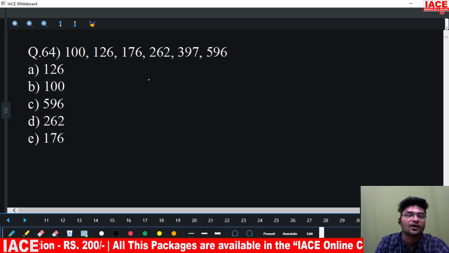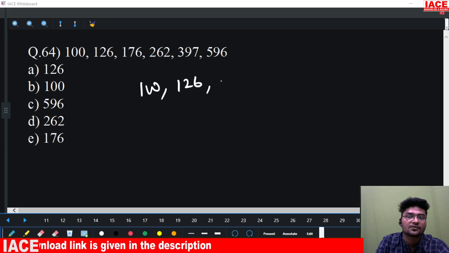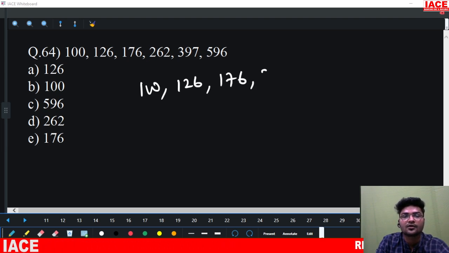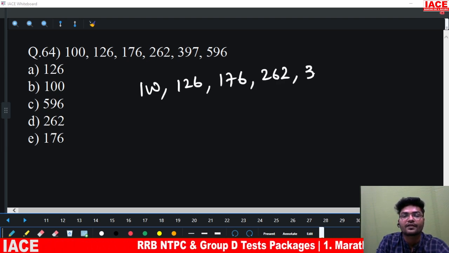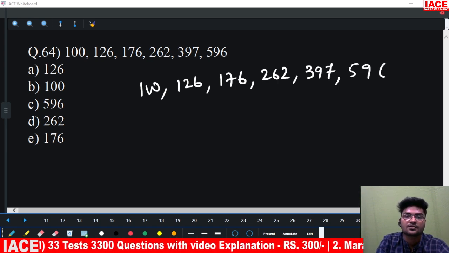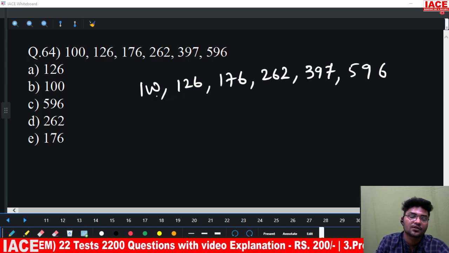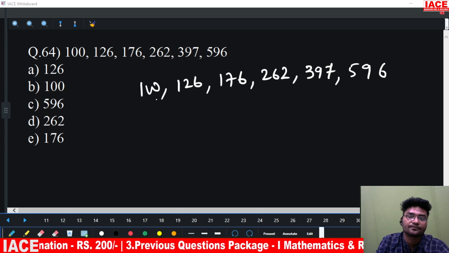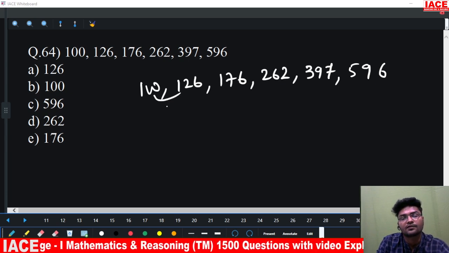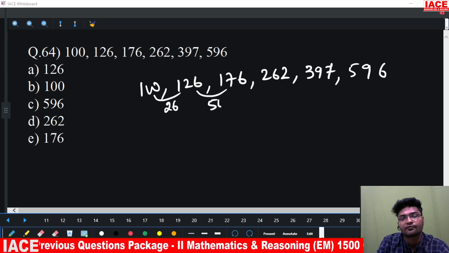Next, 100, 126, 176, 262, 397, 596. Nothing can be observed. If I go for the difference, what can I observe here? This difference is 26. This difference is 50.